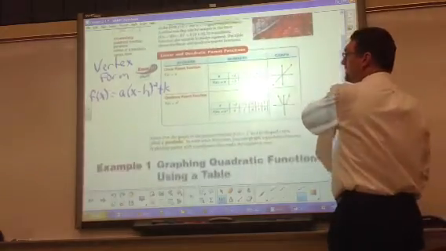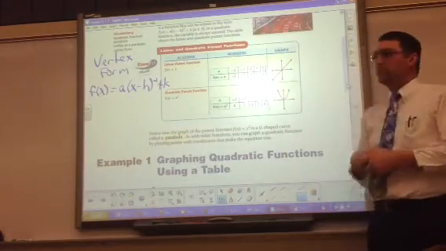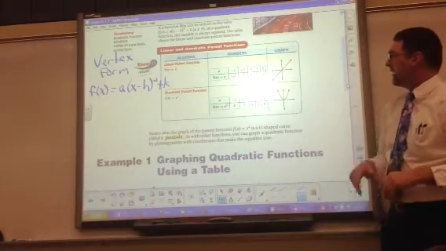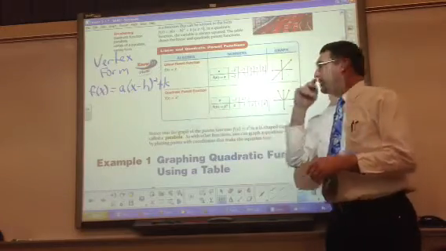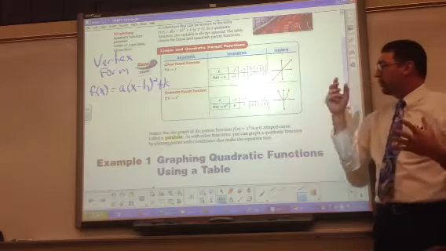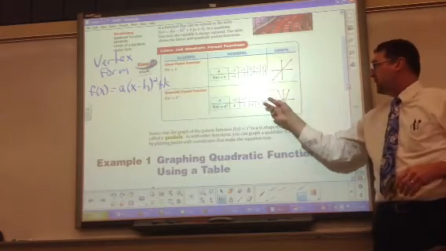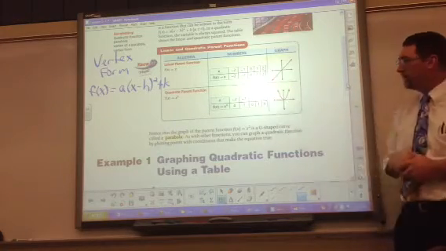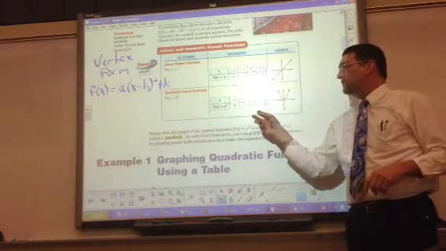So we've got the linear parent function, f of x equals x, and the quadratic parent function here, f of x equals x squared. So we're going to be working with the quadratic, and so our basic form here of x squared has these table numbers here.